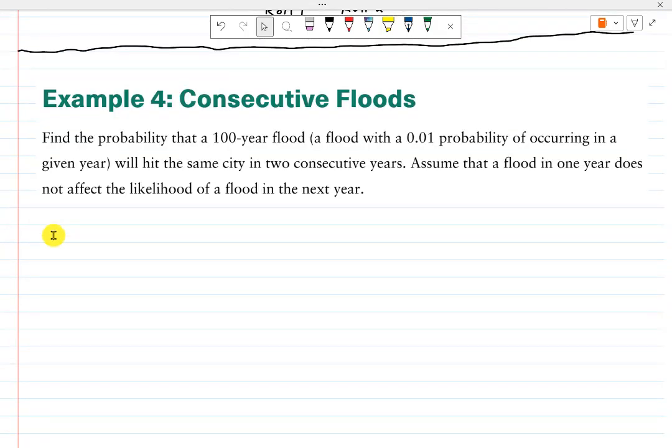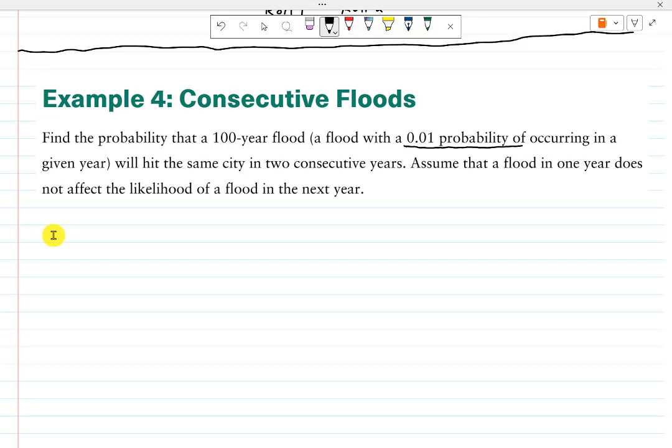Here's an example where we use relative frequencies again. Here we have a flood at this place every 100 years. So what we're going to assume is that for every year we have a 0.01 probability of a flood. And the same in 2 consecutive years. So what is the probability that that will happen in 2 consecutive years?